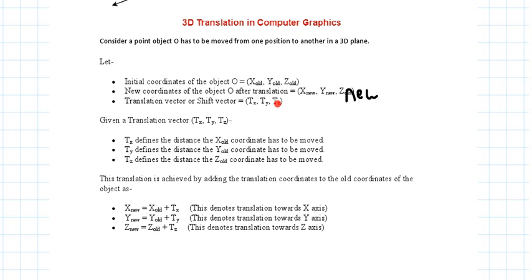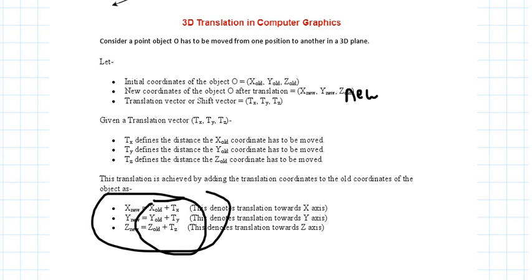Now this translation vector signifies that tx is the distance the x old coordinate has to be moved in the x direction. Ty defines the distance the y old coordinate has to be moved in the y direction, and tz defines the distance the z old coordinate has to be moved in the z direction. So after the movements defined by tx, ty, and tz, you will get x new, y new, z new, and their equivalent right hand sides.